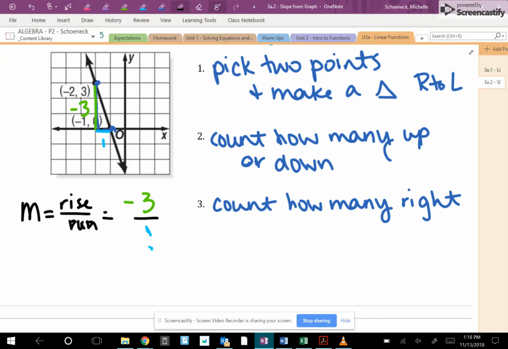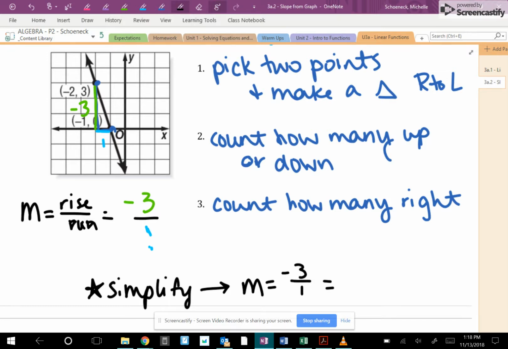And we're going to see if we can simplify. -3 over 1 just simplifies down to being -3. So m equals -3.